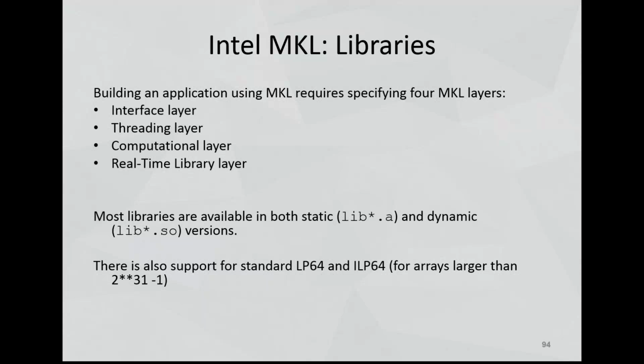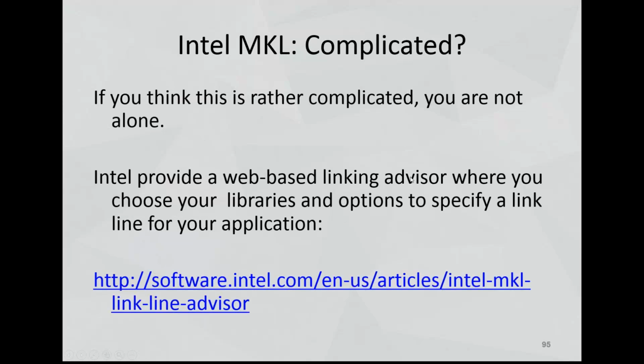Okay, so there are many different libraries. Of course, we can look at the standard larger ones in 64-bit world. We have 4 different layers: interface layer, threading layer, the computational layer, and the real-time library layer. And it's not as complicated as you think, although it seems that way.